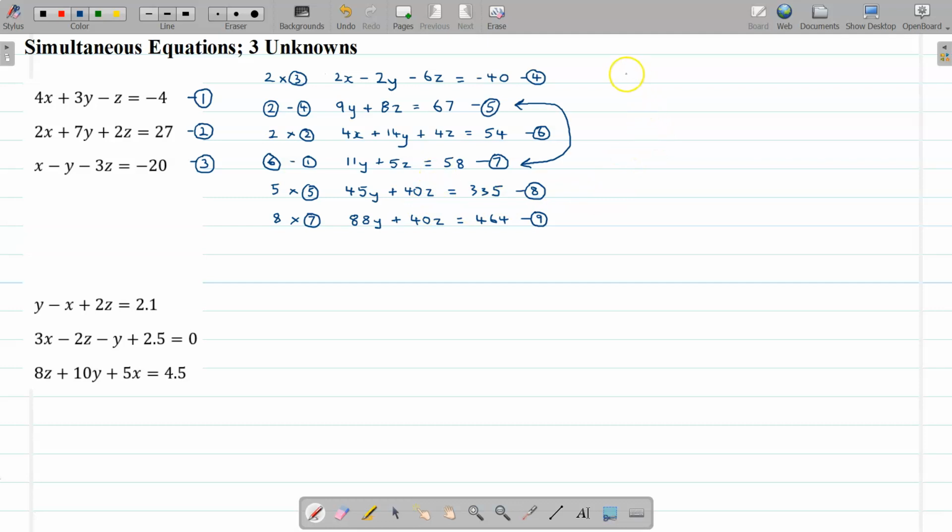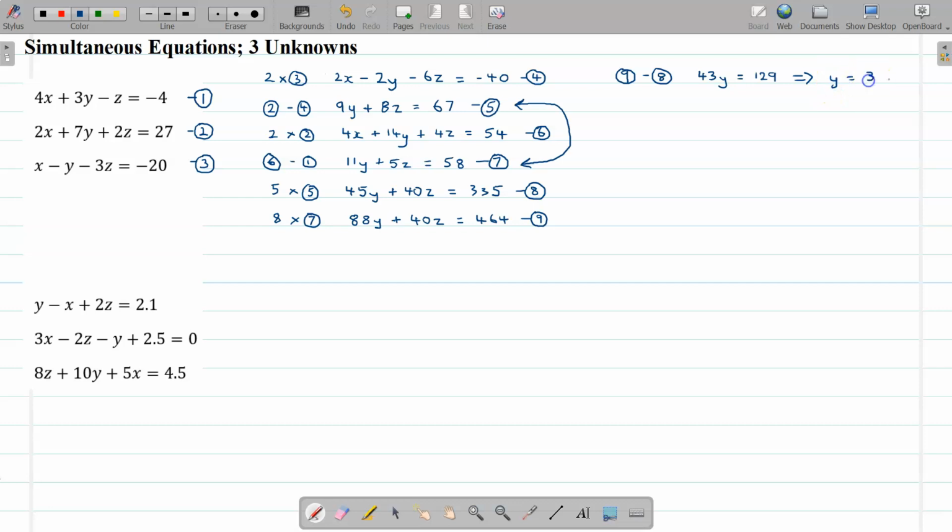So I'm going to do equation 9 minus equation 8, and that's going to give me 88 minus 45, that's going to be 43y, equals 464 minus 335, which is 129. And you may be able to spot straight away that that means that y is exactly 3.